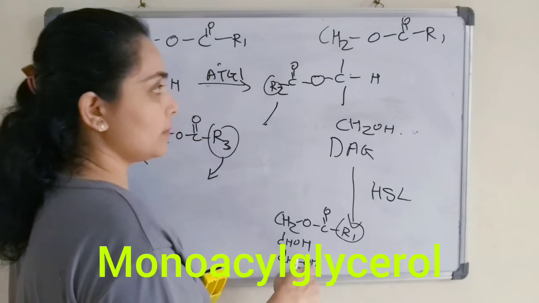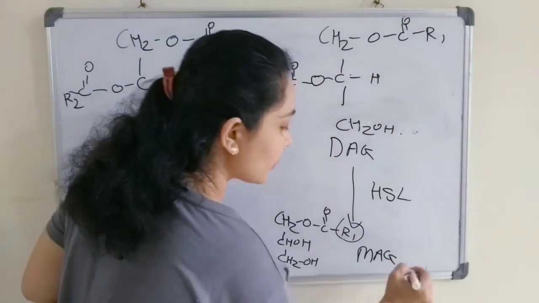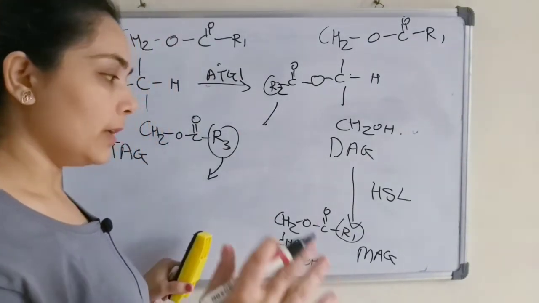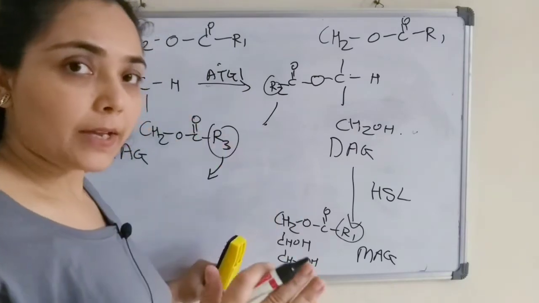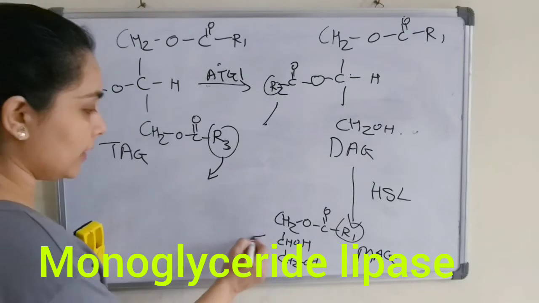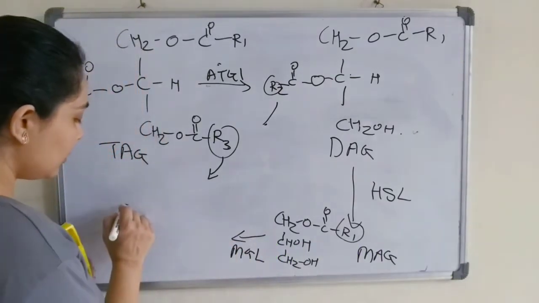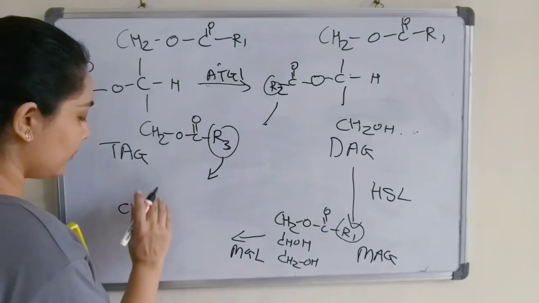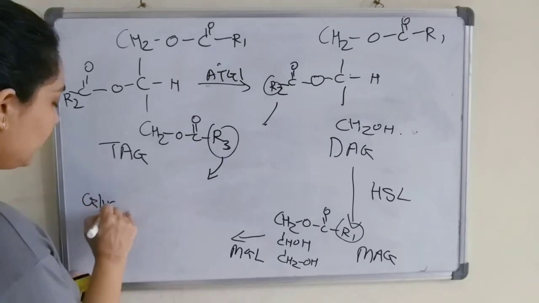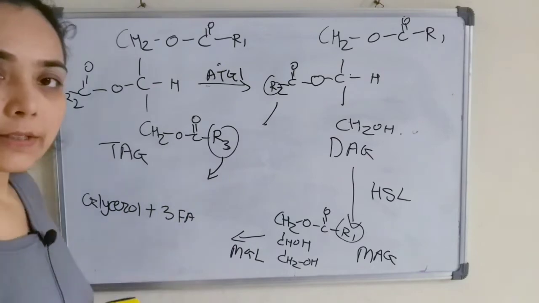The name of this product is monoacylglycerol. And now finally the enzyme monoglyceride lipase comes, and the last fatty acid will be released, so finally we will get glycerol plus 3 fatty acids.